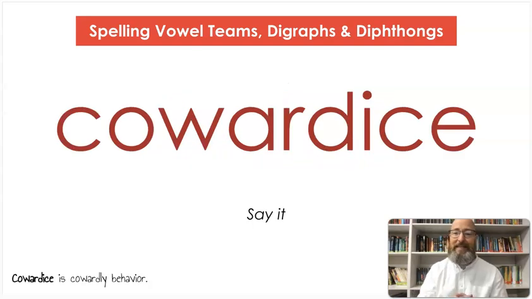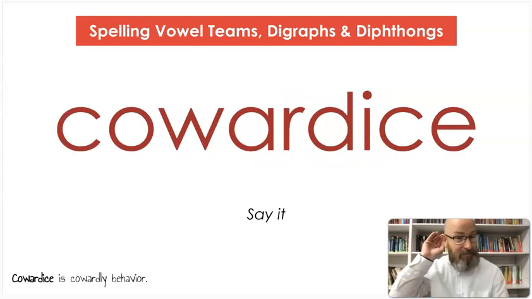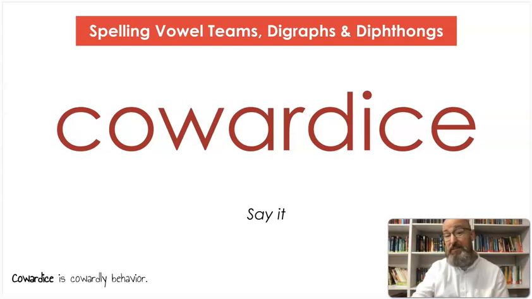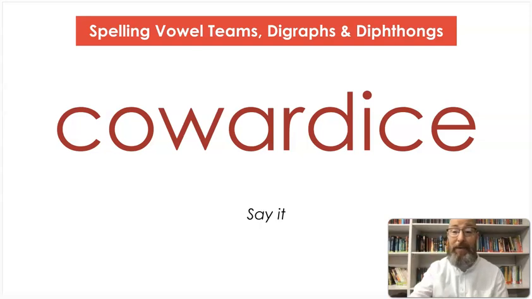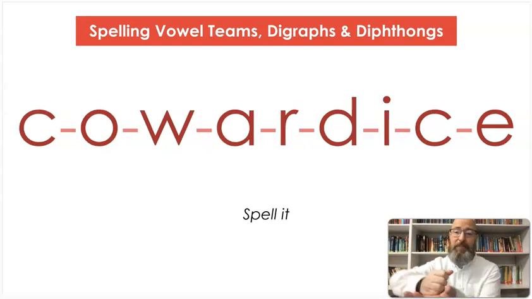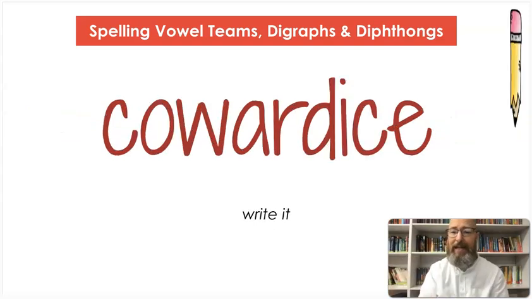Our next word is cowardice. Say cowardice. Cowardice is just cowardly behavior. Let's count the syllables. Cowardice. Let's spell it. C-O-W-A-R-D-I-C-E. Cowardice. And let's write it.